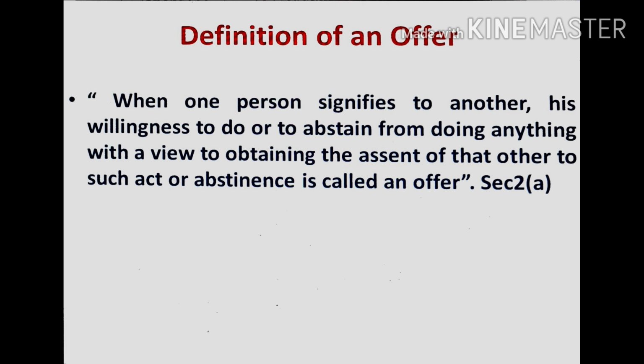According to Section 2, subsection (a) of the Indian Contract Act 1872, when one person signifies to another his willingness to do or to abstain from doing anything with a view to obtaining the assent of that other to such act or abstinence, it is called an offer or proposal.